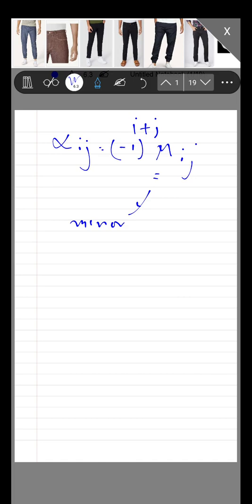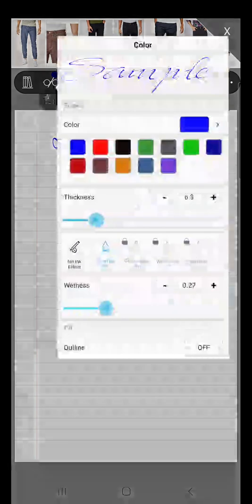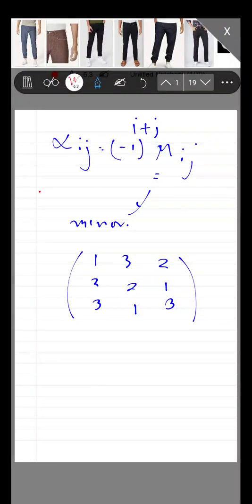So for example, let's take a matrix as 1 2 3, 3 2 1, and 2 1 3. So this is the matrix, and we need to find the cofactor of, say, the first element.